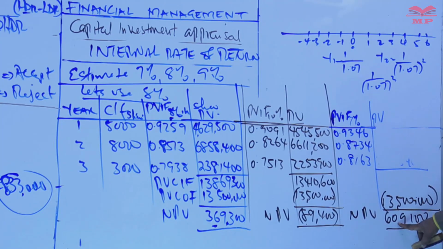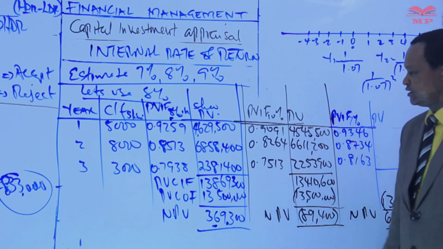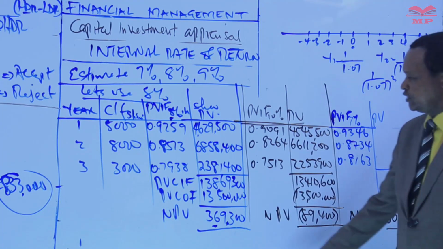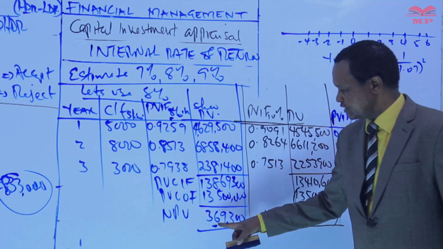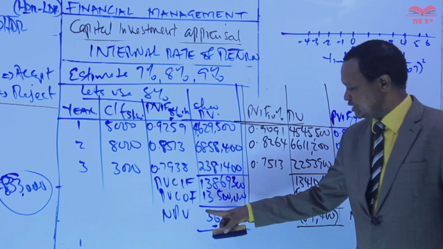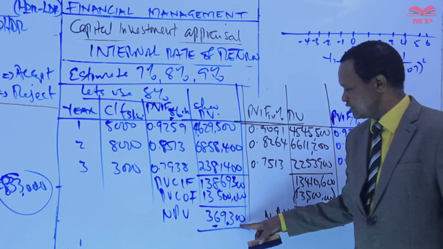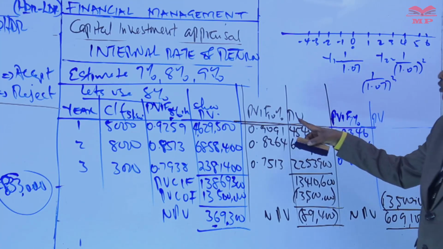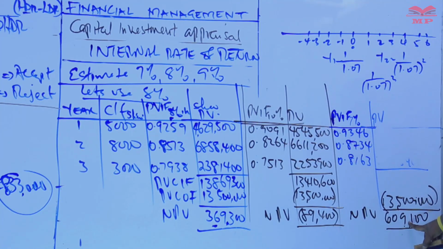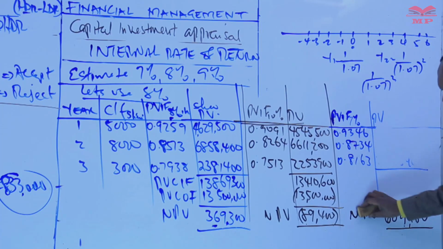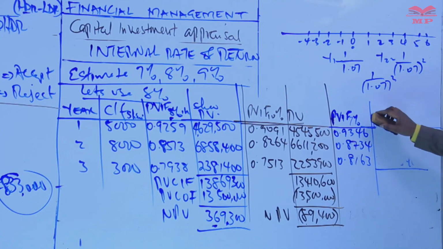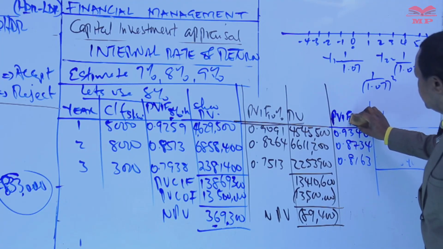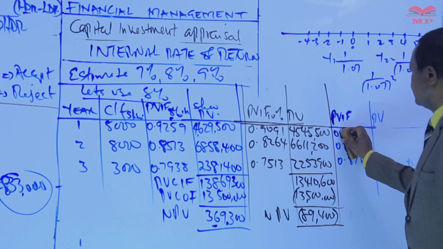You see the figure is greater than 369,300. We needed an NPV that is lower than 369,300, so we cannot use 7%. The more we use a lower rate, the higher we get the NPV. So Ambucha says we needed to use 9% instead of 7.